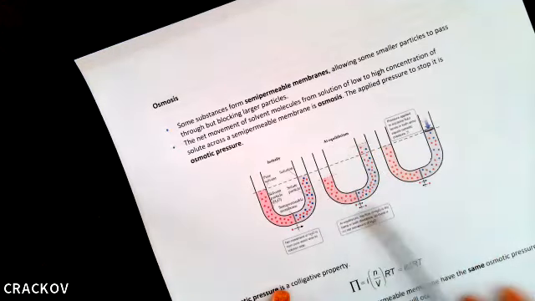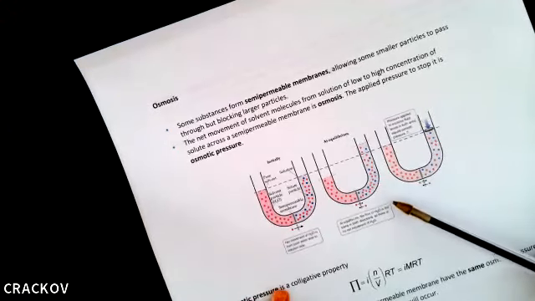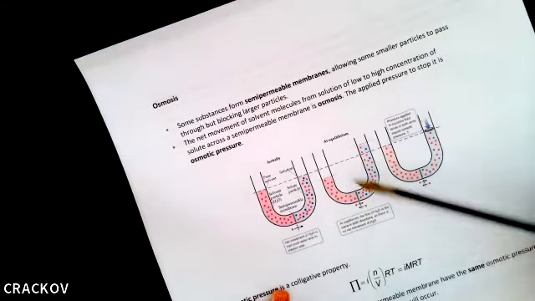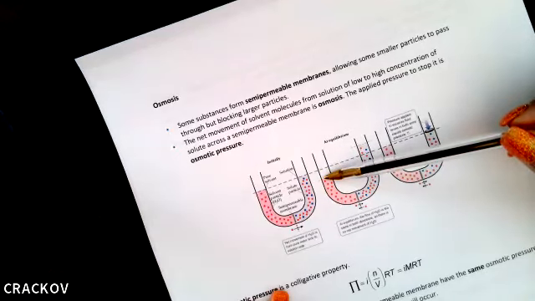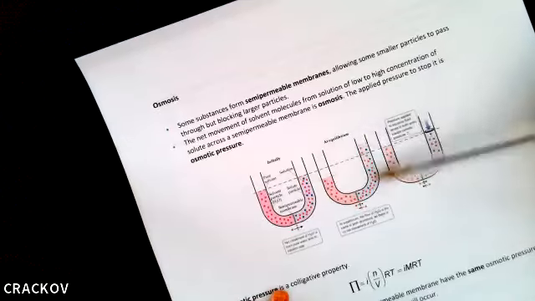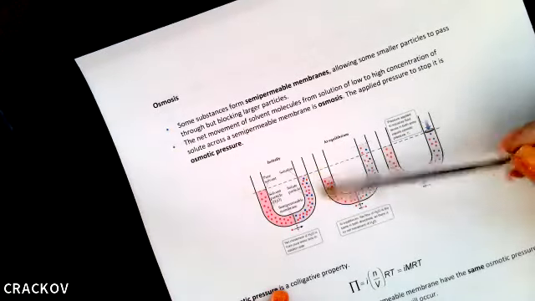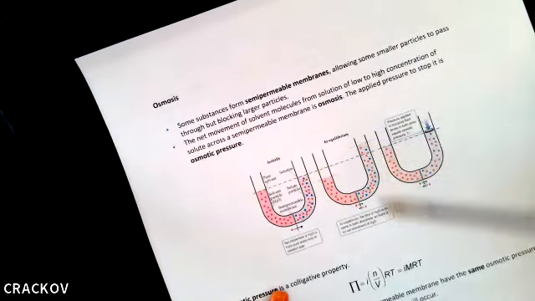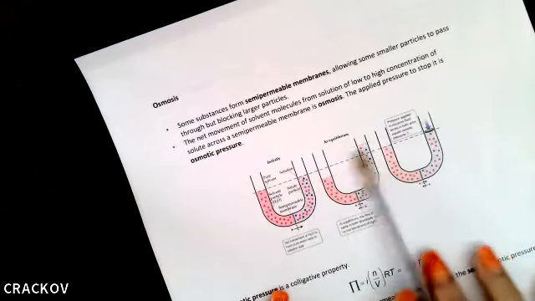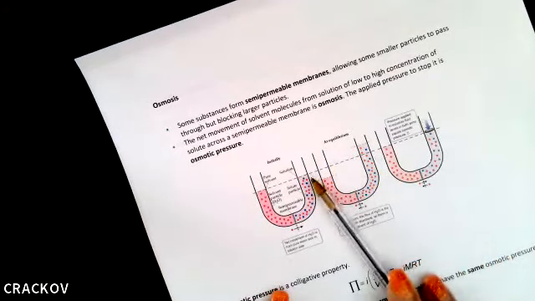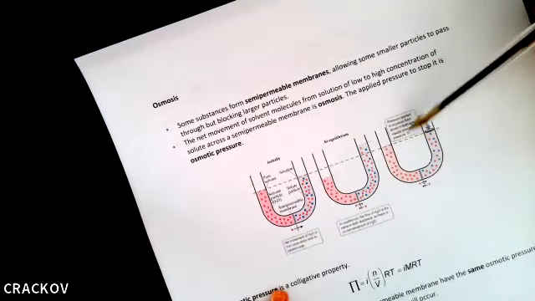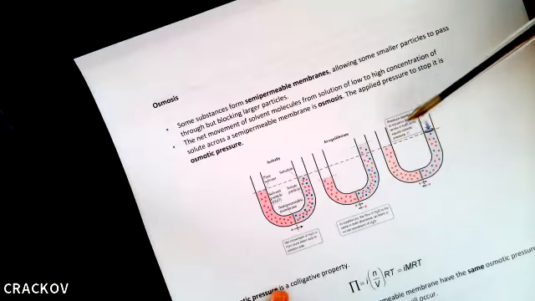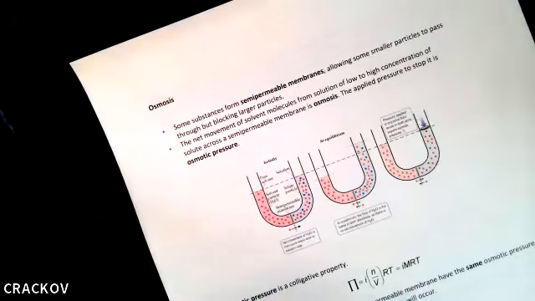At equilibrium, the flow of water is the same in both directions. That means the volume that is decreasing here equals the volume that increased here. So there is no net movement at equilibrium. Then, to equalize these levels, we apply a pressure, and this pressure is called osmotic pressure.